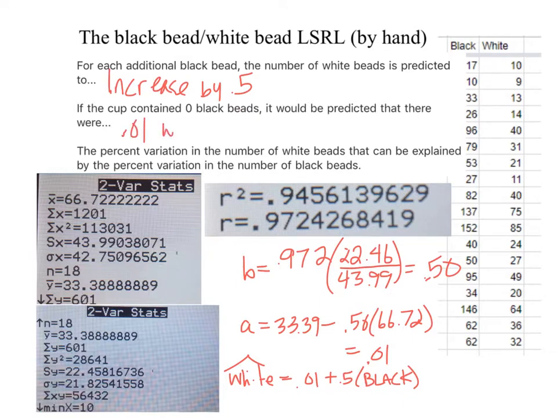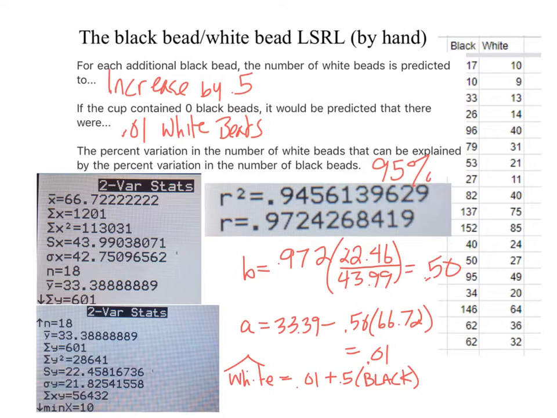Now, I would look at that and think, due to round off there, I bet it actually is 0. And finally, the percent variation in the number of white beads that can be explained by the variation in black beads is, excuse me, it's going to be 95%. Okay.